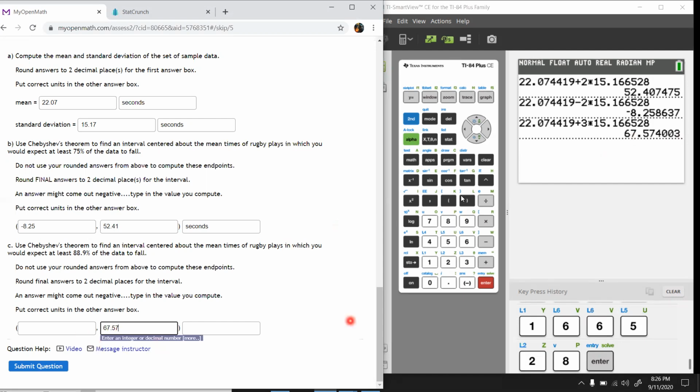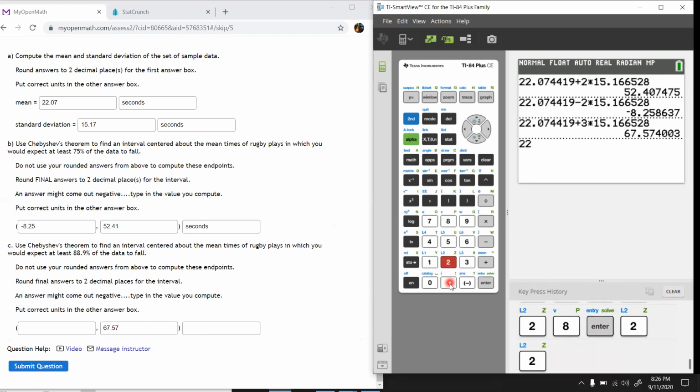Okay. And for the other limit, I'll simply do 22.074419 minus 3 times 15.166528.